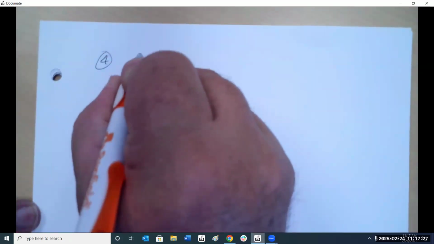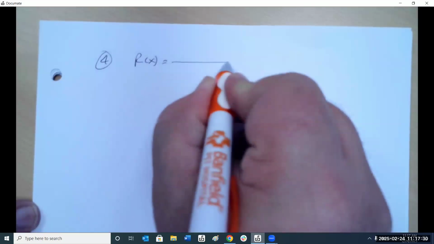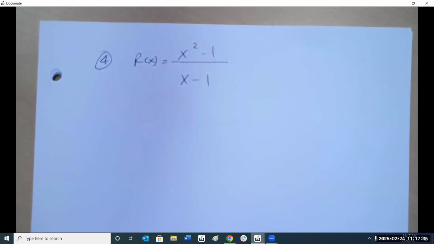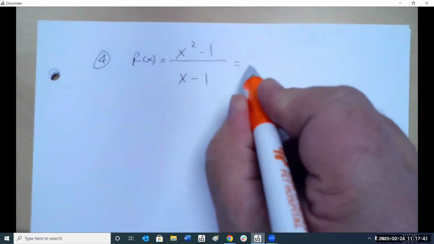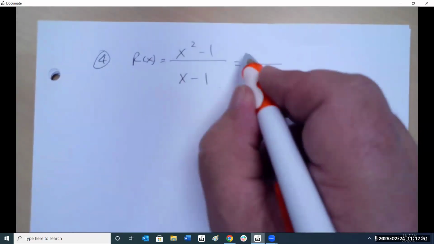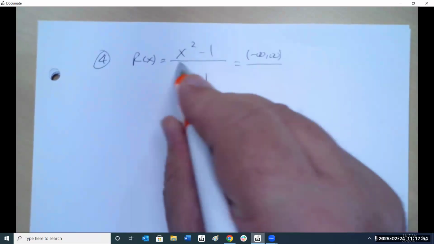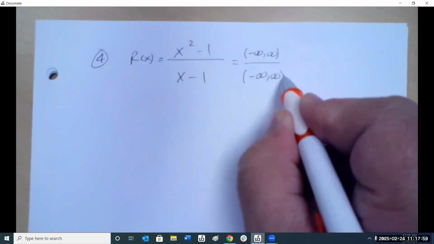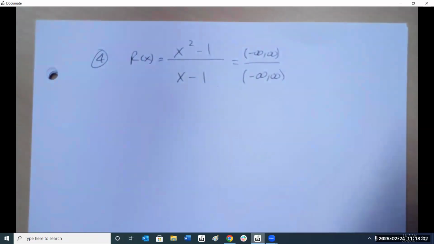Now this one's going to be interesting. X squared minus 1 over x minus 1. What's the domain of the top? Because it's a parabola. How about the bottom? It's a linear equation, so it's negative infinity, positive infinity.